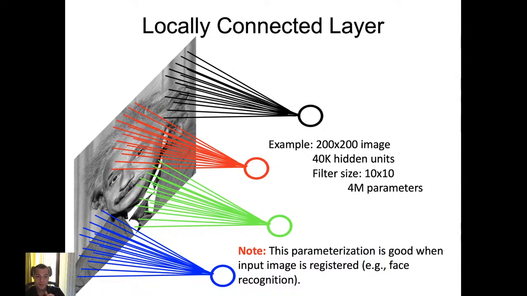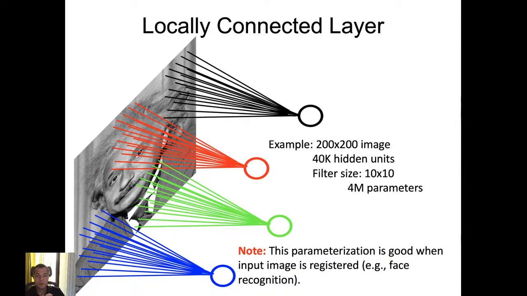The problem is still that, in natural images, objects are not perfectly aligned. The object is not always in the center. This setting would work well for face recognition, where the face is usually aligned prior to applying the recognition model.